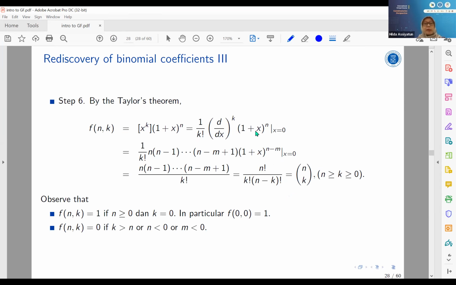For the first derivative, we move the power to the side and reduce the power by 1. The second derivative does the same thing. So here we have n, n-1, n-2, up to n minus, this is not m, but this should be k. Sorry.